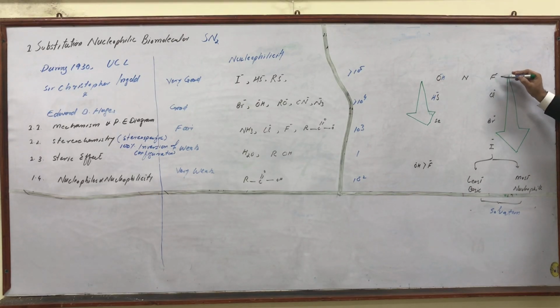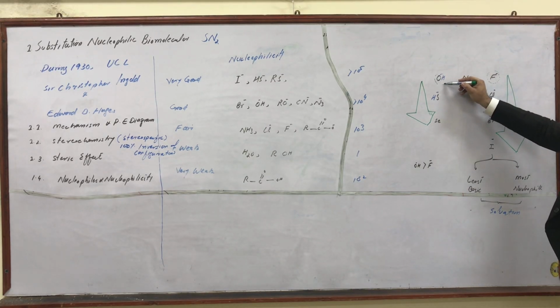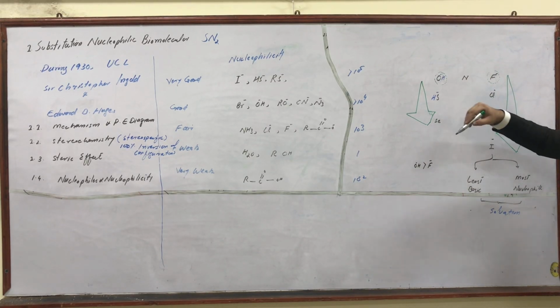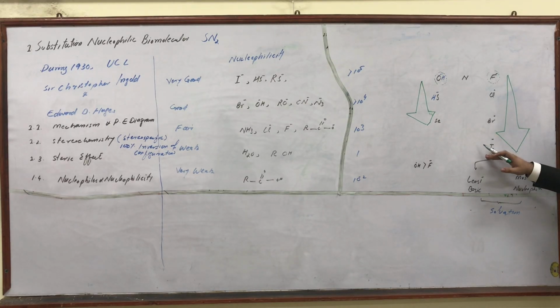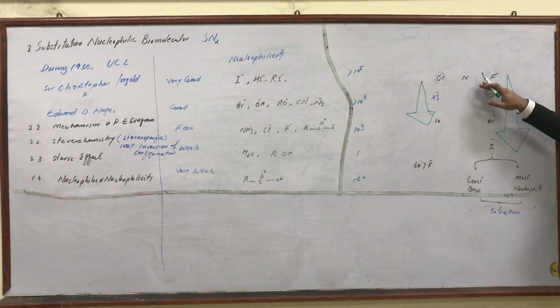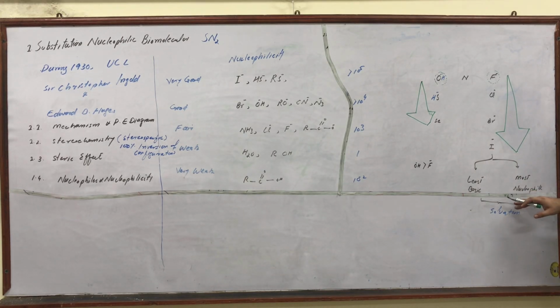So when there is a solvent, the solvent can easily solvate these smaller size anions. When these anions are solvated, they are no more available to act as nucleophile. The solvation of iodide is less as compared to fluoride, so it means it will be easily available to act as a nucleophile.